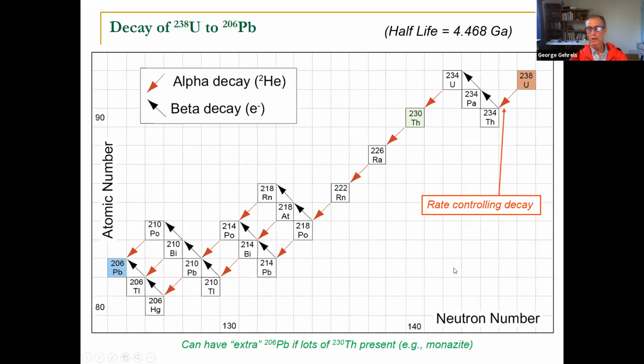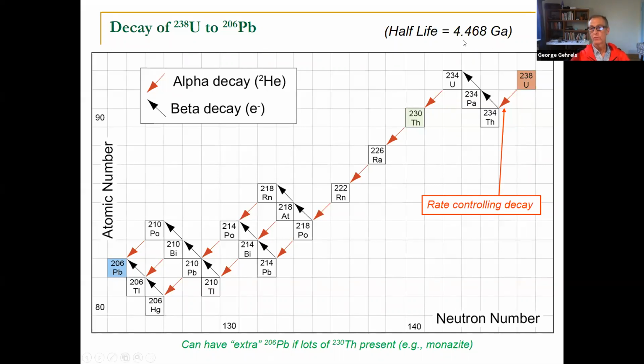And so in a mineral like monazite that has a lot of thorium, you might get a little bit of 230 from the decay of that thorium, which then also contributes to 206. So you could have a little bit of extra 206 if there's a lot of thorium present in your mineral. For example, for monazite, young samples, you need to do a bit of a correction for that. But for zircon, for most older systems, no problem. It's a simple decay system.